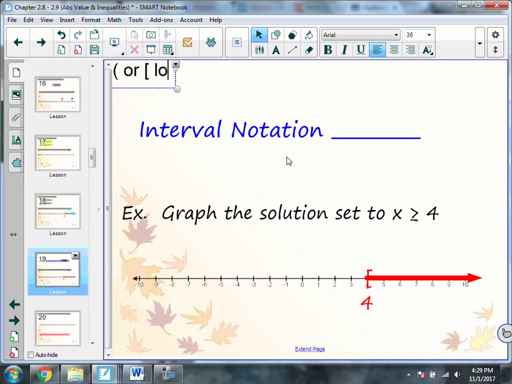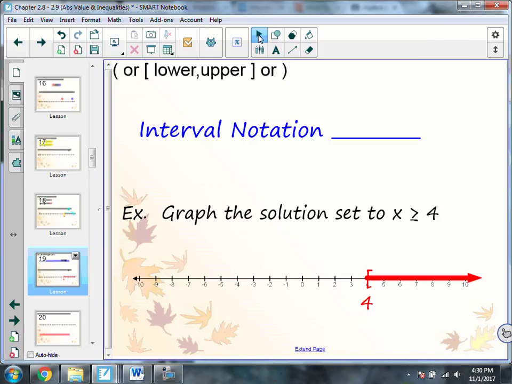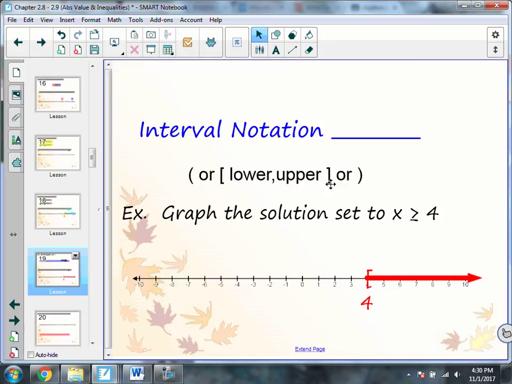It is the lower bound, a comma, then the upper bound, and then you end it with a bracket or a parenthesis.